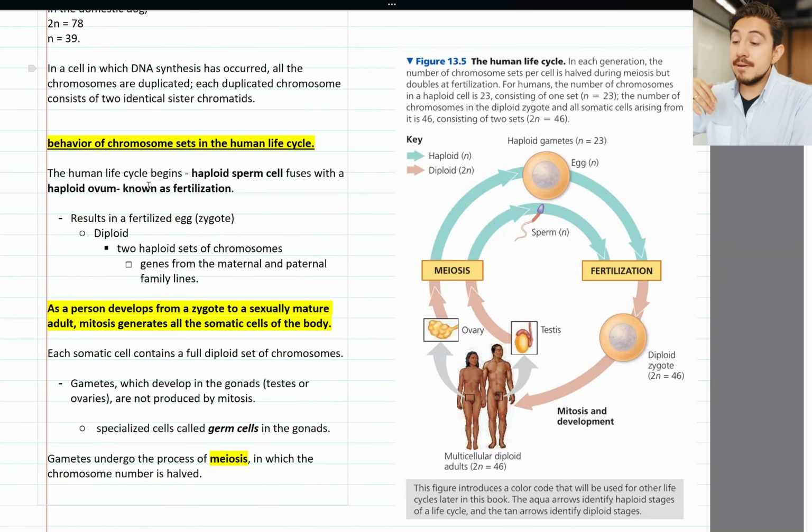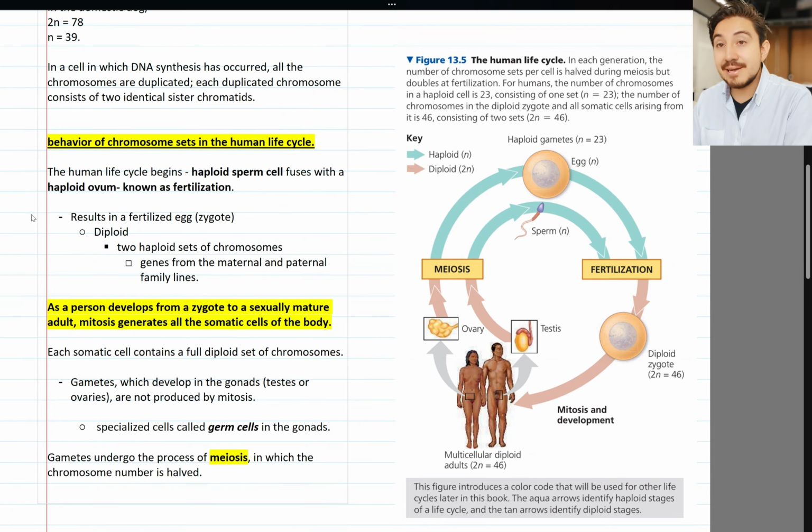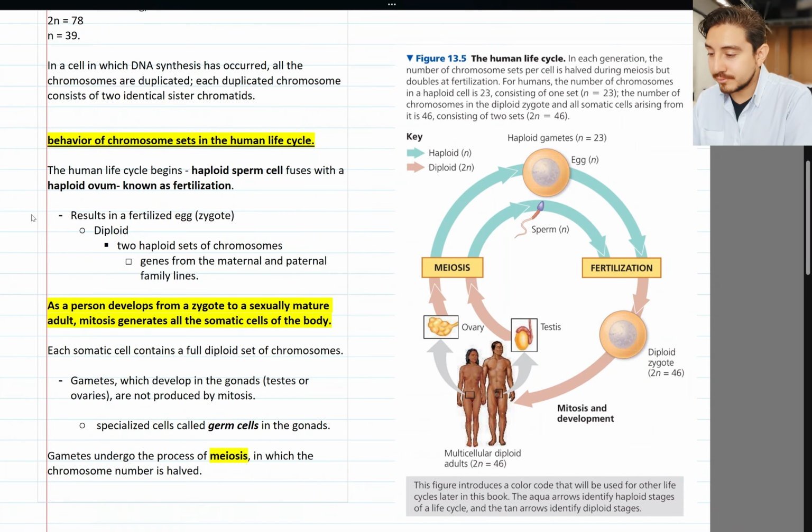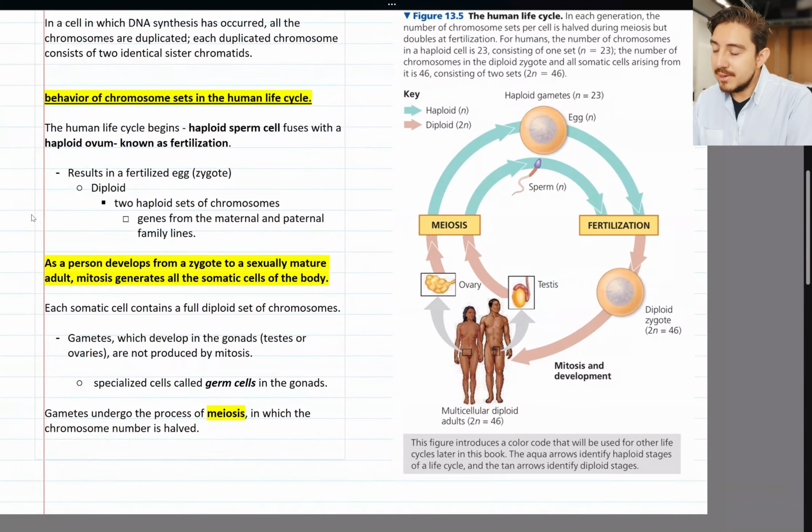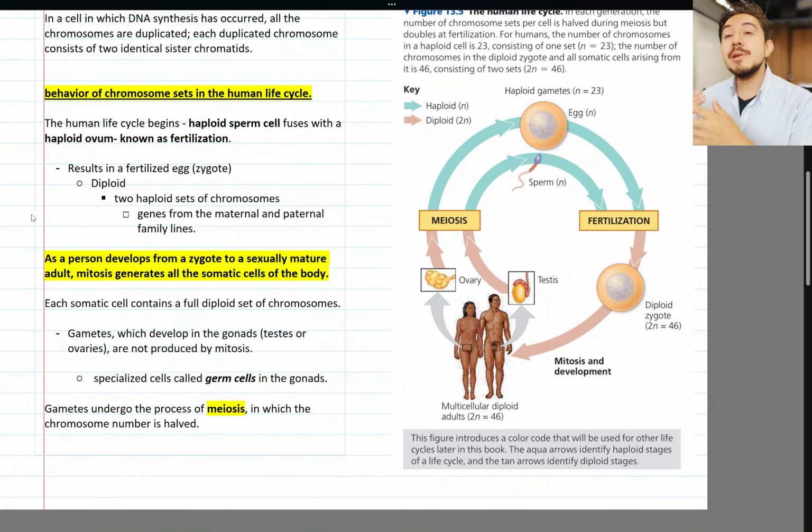So each new daughter cell will always have that number of chromosomes and keep the number stable. In terms of the human life cycle, we bounce from diploid to haploid to diploid to haploid. The human life cycle begins again when the haploid sperm cell meets the egg. So let's take a look at this visual here.